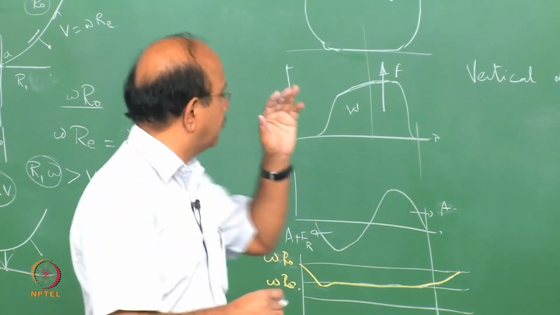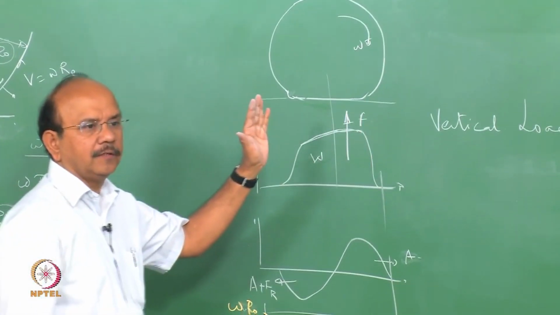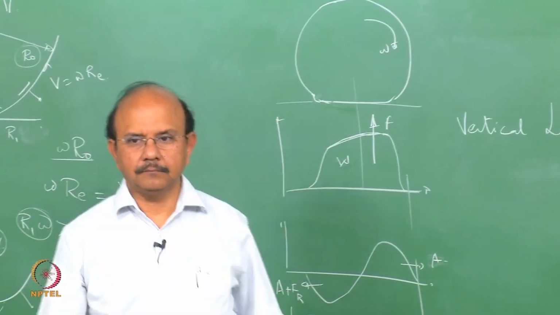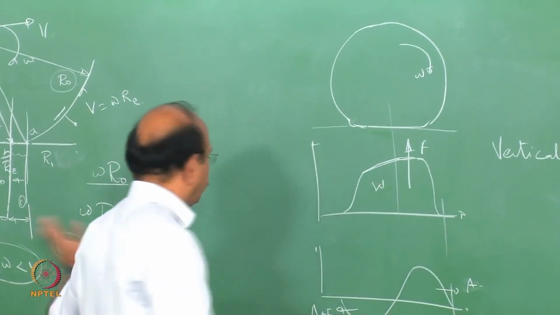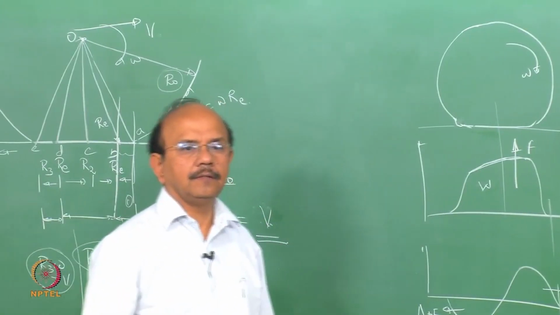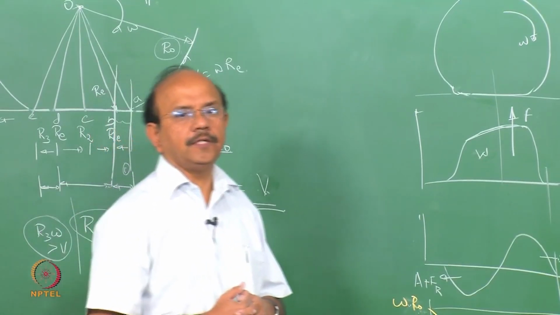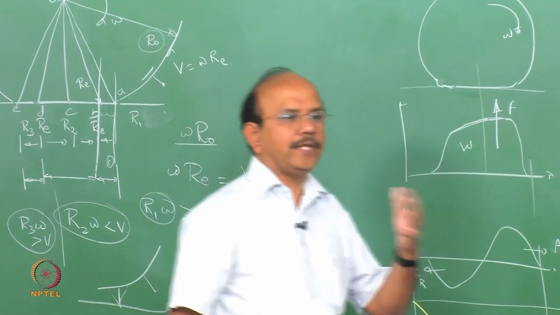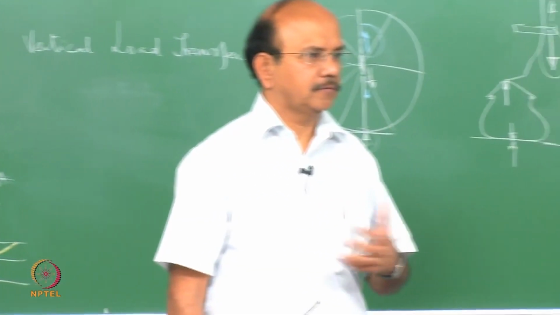We said that the unsymmetric distribution is due to the viscoelastic properties of the tire. Let's see what happens because of this variation in radii. Obviously, this variation in radii causes a lateral force.